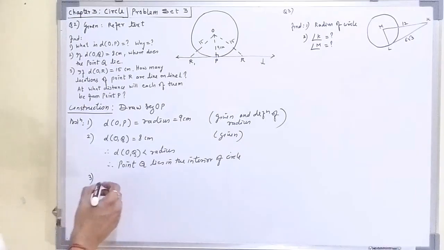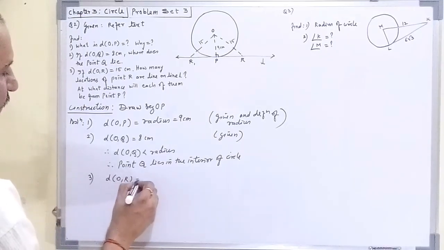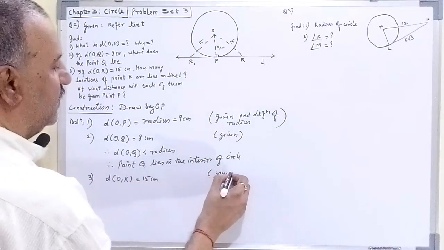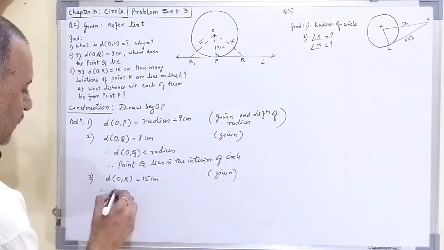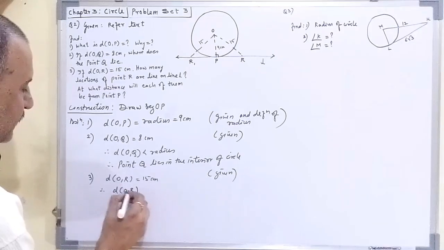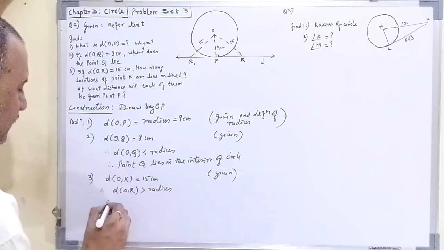Step 3: Distance OR equal to 15 centimeter. This is again given. Therefore, distance OR is greater than radius.